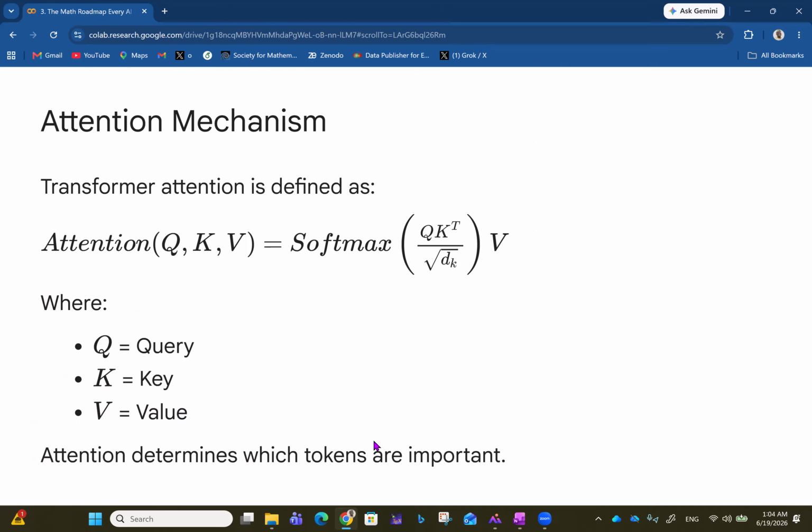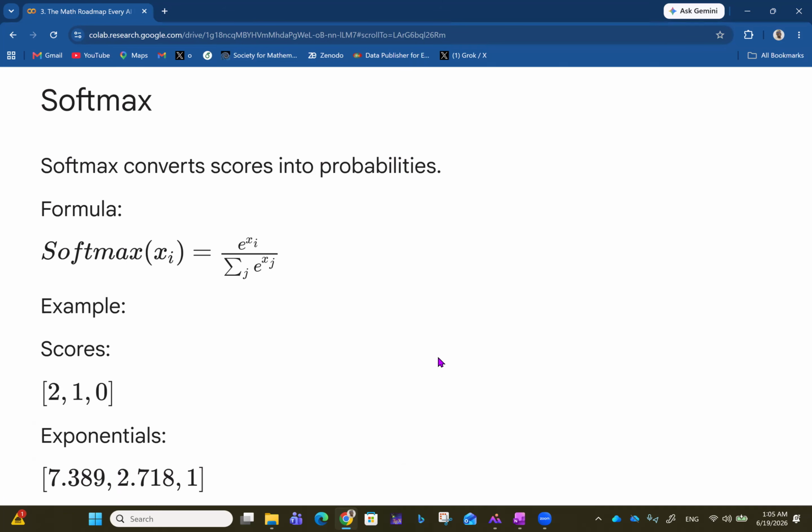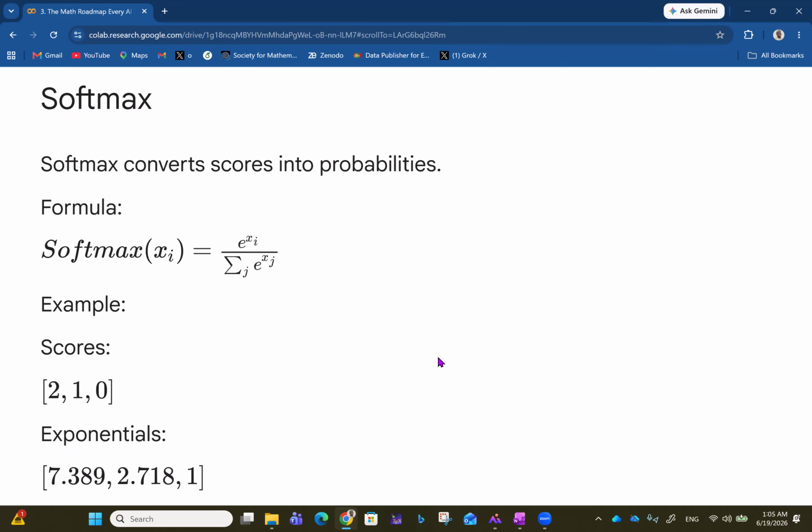So attention determines which tokens are important, basically. It determines which token should come next, basically the idea of generative AI, right? Once you write something and the answer is being spewed out, attention determines which tokens should come afterwards based on whatever the system has been trained on.